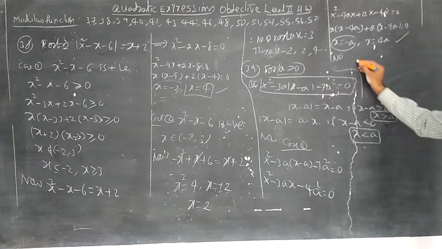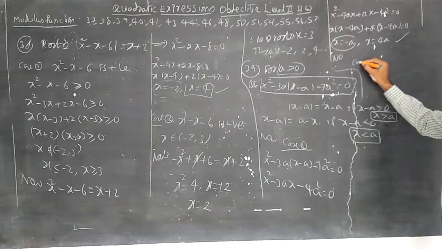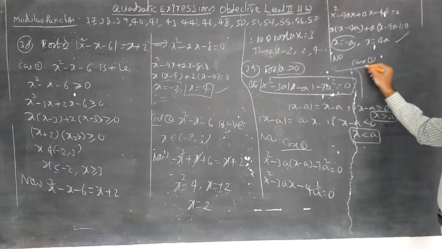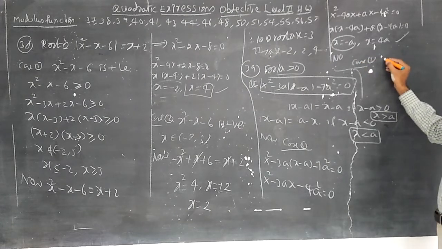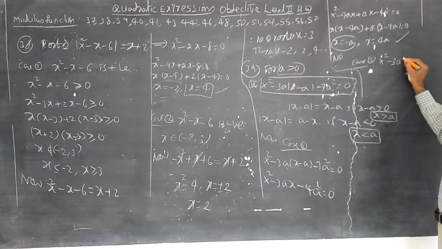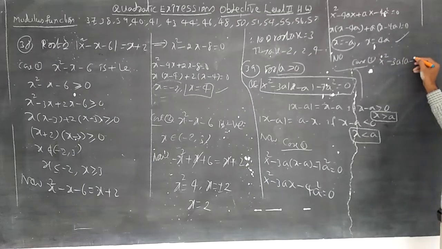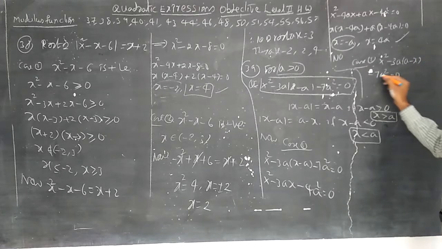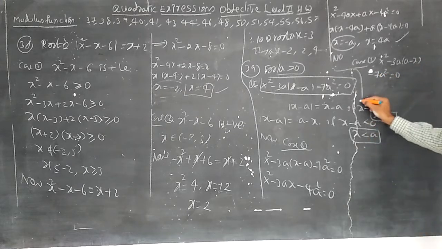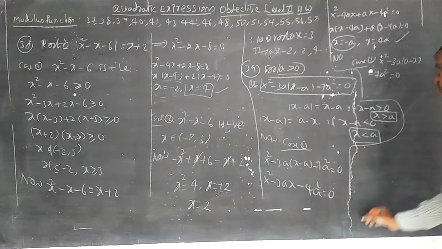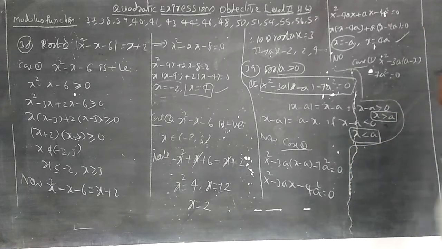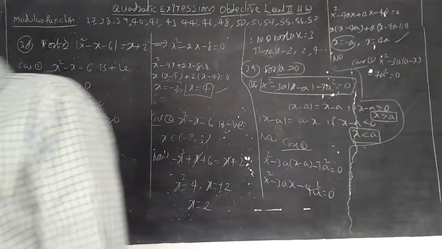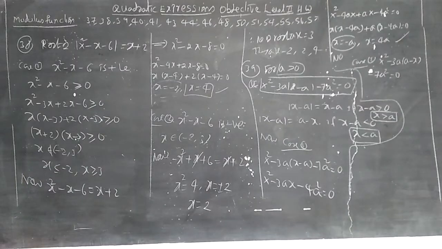Next, case 2. Case 2 is the negative case. That means x square minus 3a into a minus x minus 7a square is equal to 0.